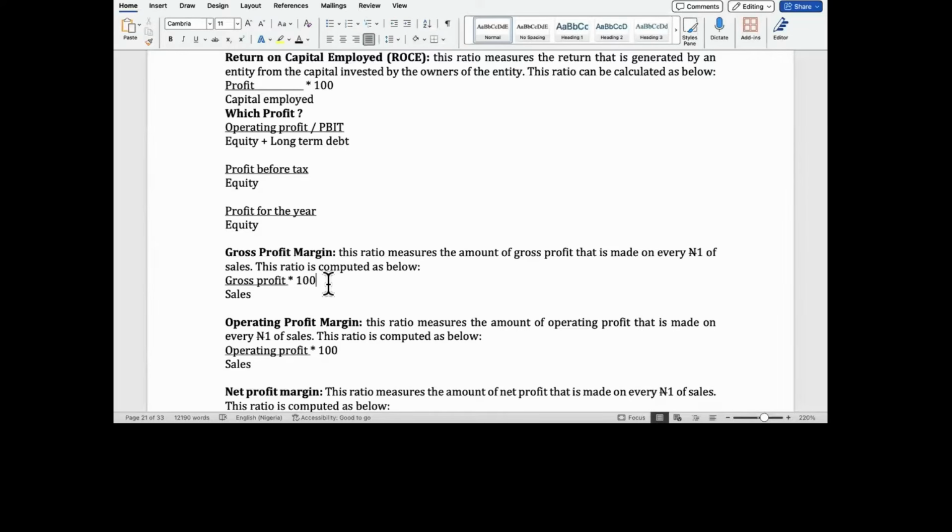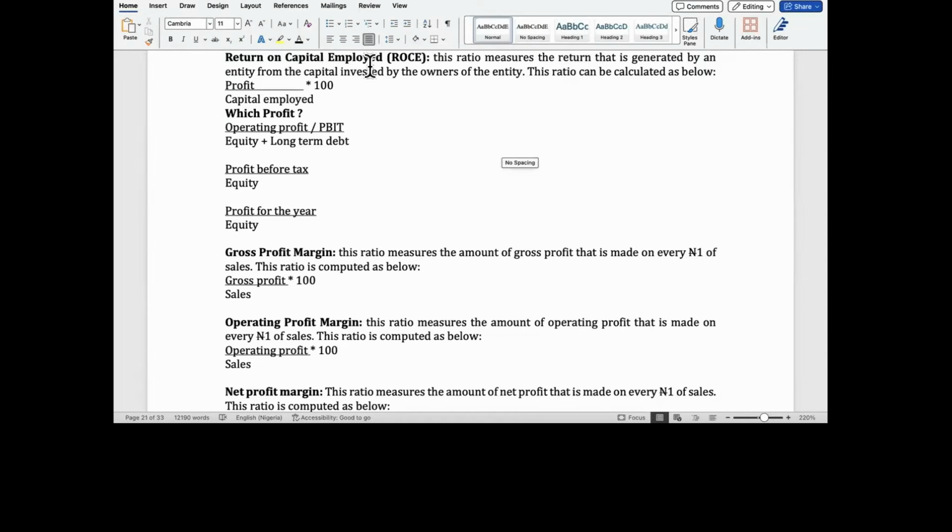If you have a gross profit margin of 10%, what do you think your cost of sales ratio will be? 90%, perfectly correct.